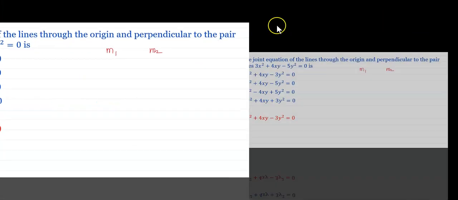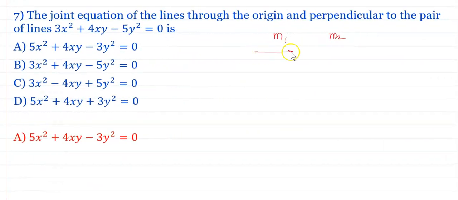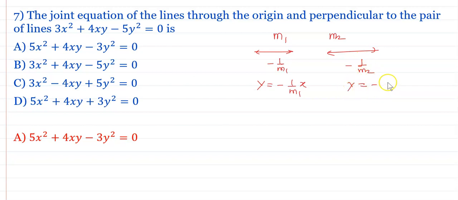The line perpendicular to the first line has slope minus 1 upon m1, so as it passes through the origin, its equation is y equals minus 1 upon m1 into x. The second line has slope m2, and the line perpendicular to it has slope minus 1 upon m2, and its equation is y equals minus 1 upon m2 into x.